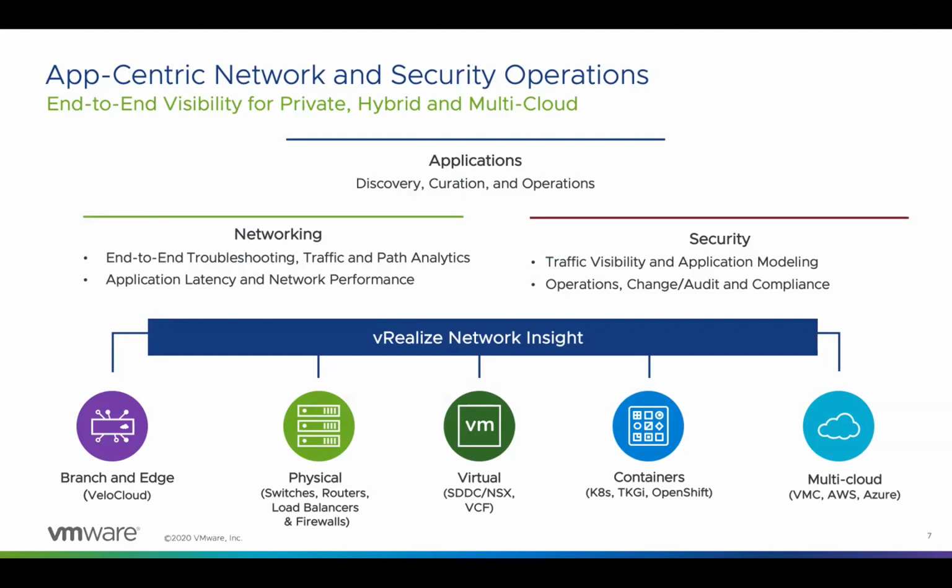Then we also have deep visibility into Kubernetes, meaning that we can see the traffic flows and the networking and security configuration of those container workloads, exactly the same way as we can see the VM workloads. So it doesn't really matter what you're running, whether that be a mix of VMs and containers, or just a container environment, it will show up exactly the same way in vRNI.